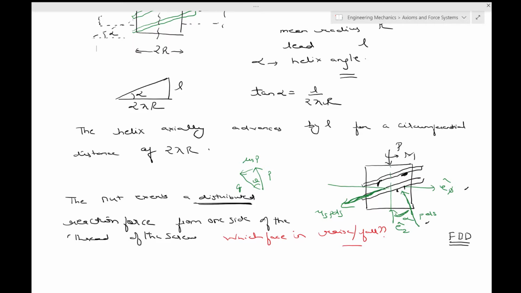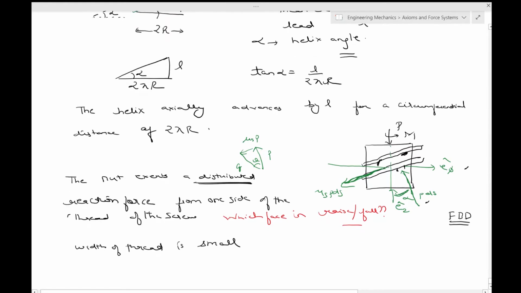Now the width of thread is small. So this force, which force?